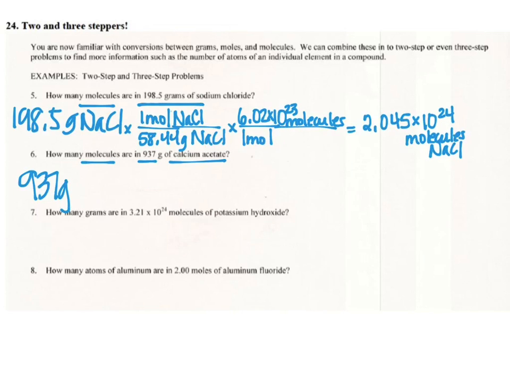So we need the formula of calcium acetate. Yes, Ca, open parentheses, C2H3O2, and there's 2 of them. Okay. And we're in grams, and we need to get to molecules, so we need the mass of calcium acetate.